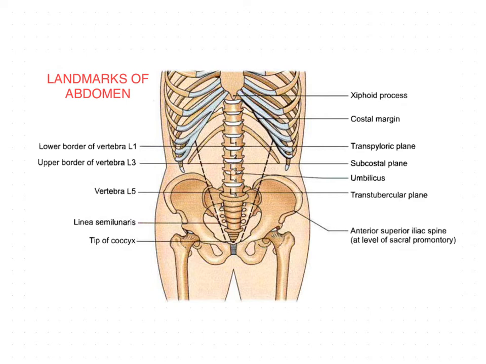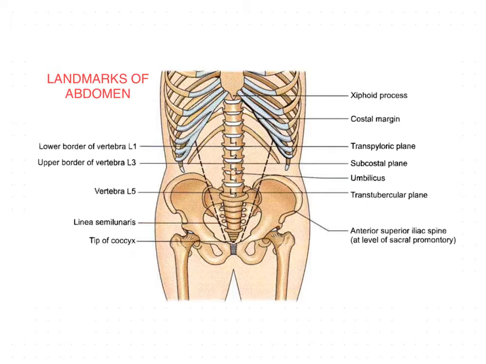Dear students, welcome back. Now we are going to see the anterior abdominal wall, and this anterior abdominal wall is one section of the abdominal wall. So this overall abdominal wall surrounds the abdominal cavity and it is providing some flexible coverage and protecting the internal organs from damage.